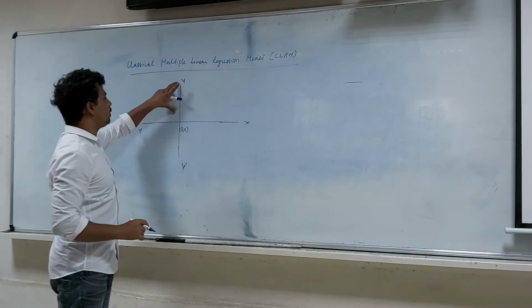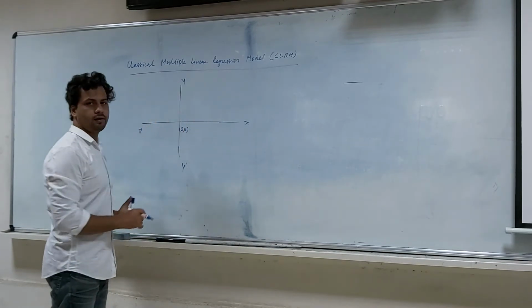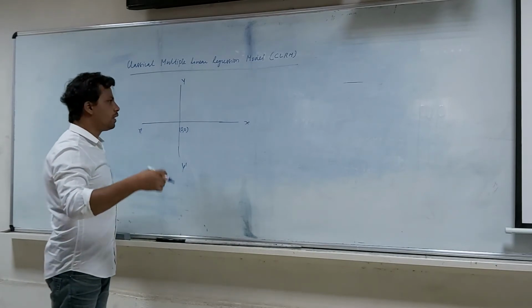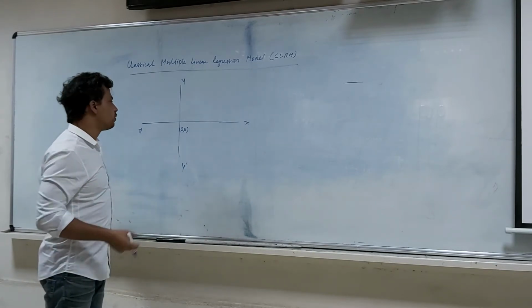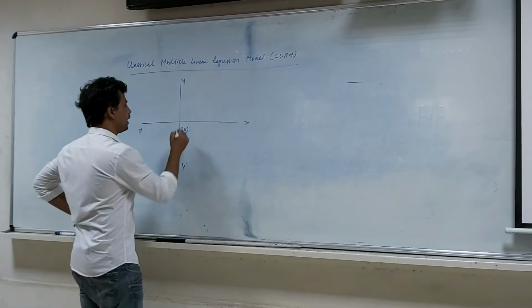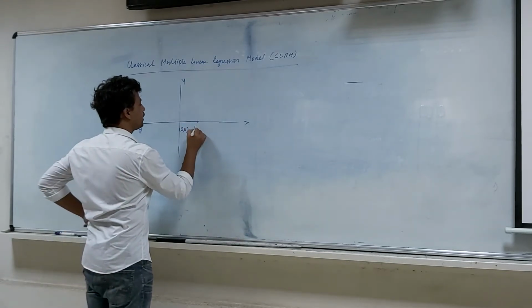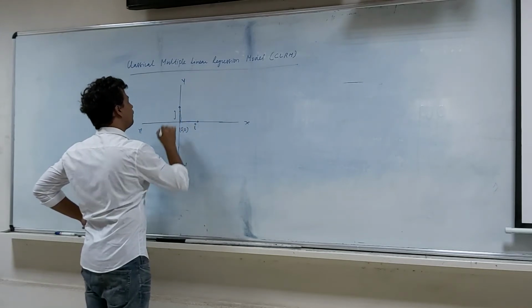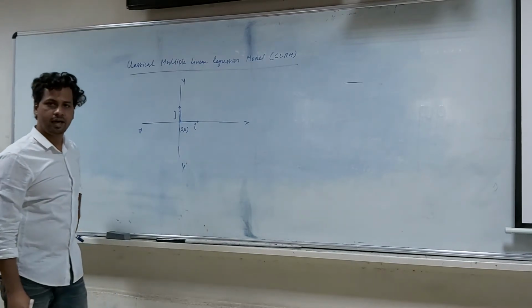So this is positive, this is negative, positive, negative, four quadrants. Now, all those of you who are a little bit comfortable with vectors know that there is a unit vector defining each of the directions. So I'll have a unit vector i hat over here, and I have a unit vector defined in the y direction as j hat, right?